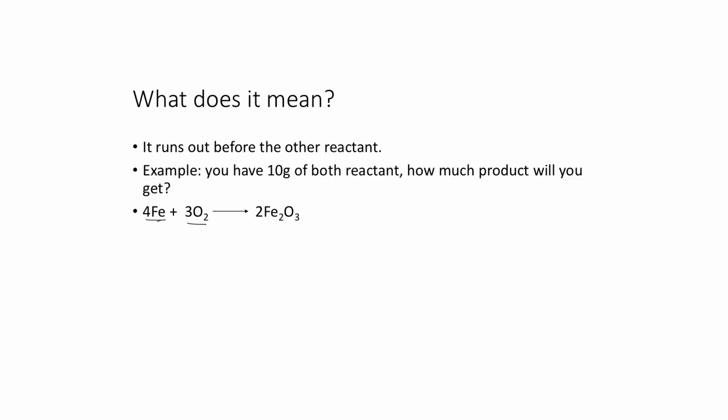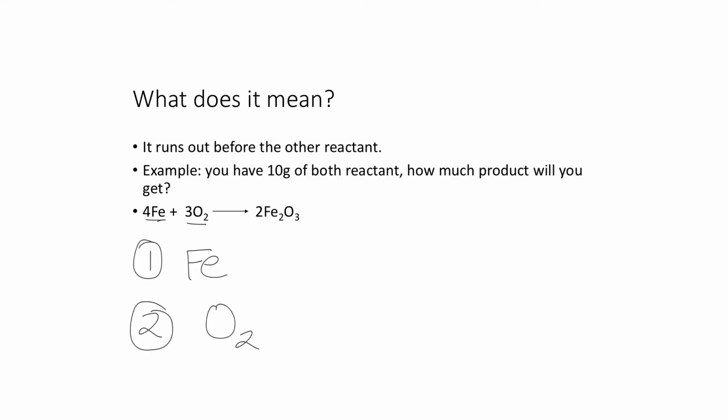So my reactant number 1 is Fe and reactant number 2 is O2. Now whichever one runs out first would be the limiting reagent. Now how do you know which one runs out first?